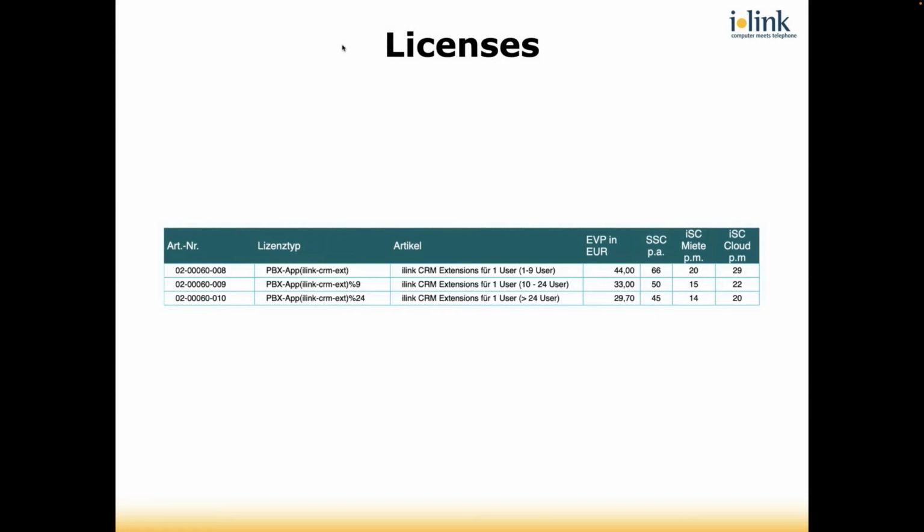Johannes, do you want to elaborate on that? Yeah, so just again for you to get it right, the product itself is produced by ilink, but it will be licensed through an Innovaphone license. So you will find it in the next Innovaphone price list, and then you can buy it as an end customer from your reseller at the normal conditions.